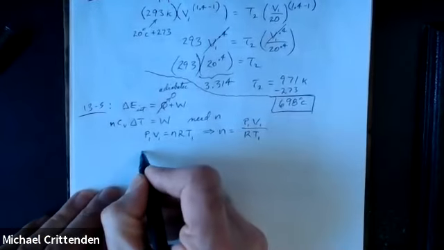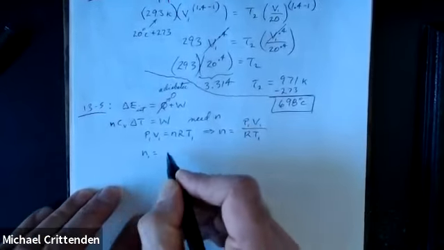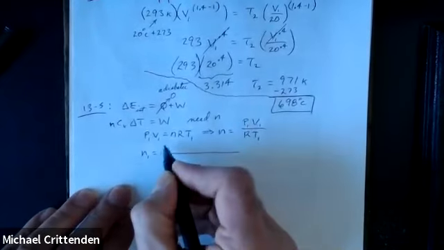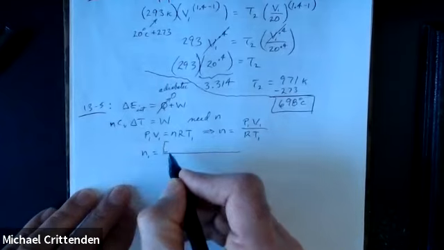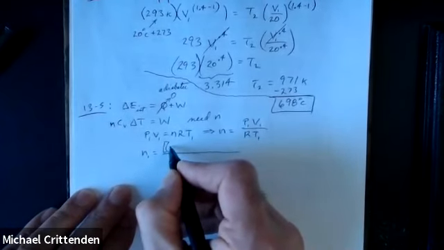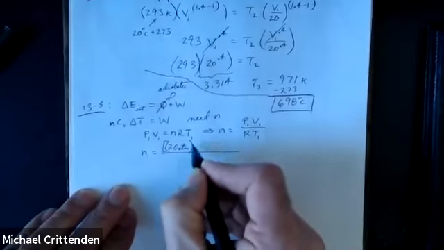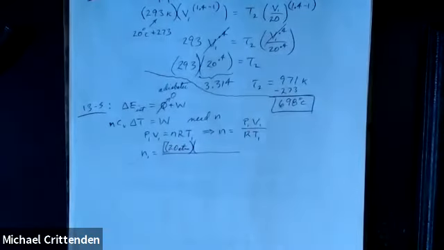And put the numbers in. Initial pressure, 20 atmospheres. Well, we need SI units.